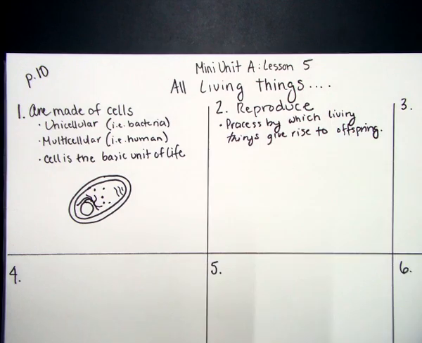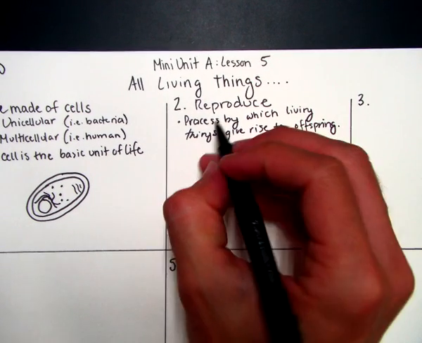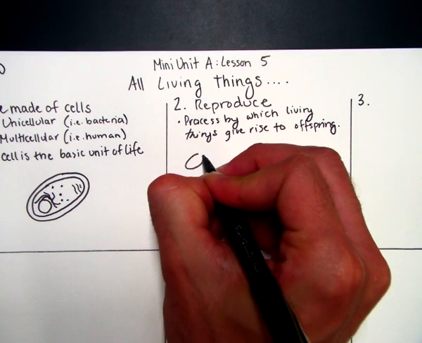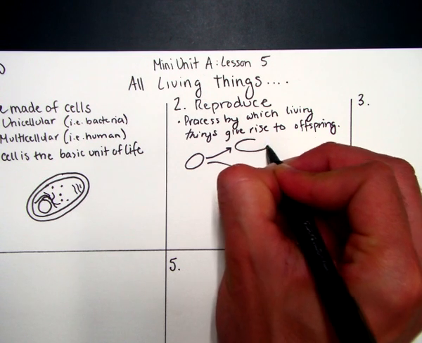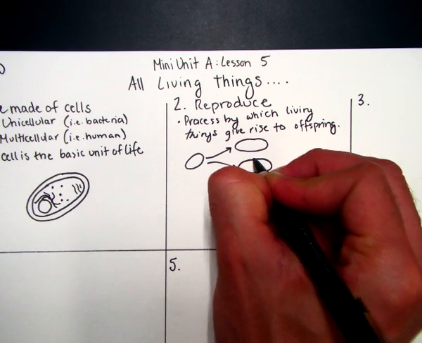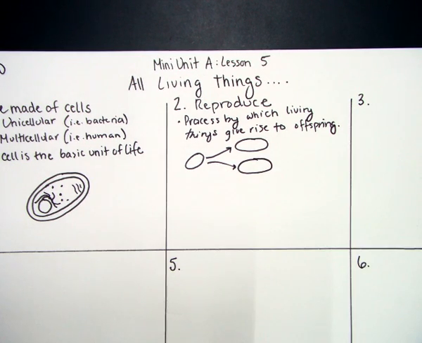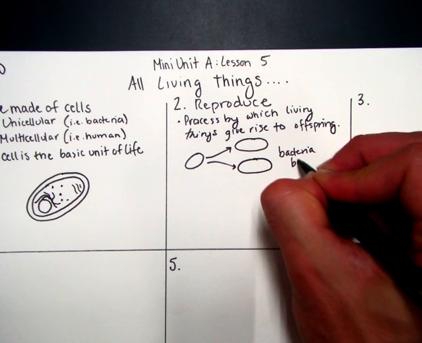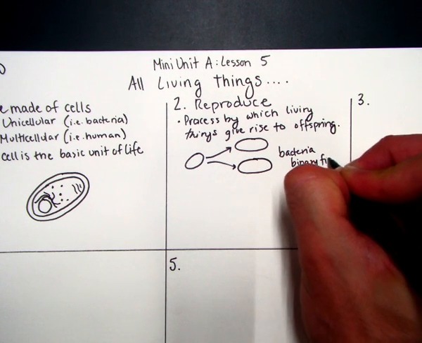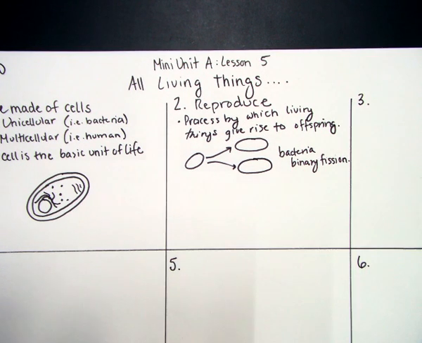Now, this can happen at the level of a bacteria, where one bacteria divides into two. This is called bacterial binary fission. It's an example of reproduction of the bacteria.